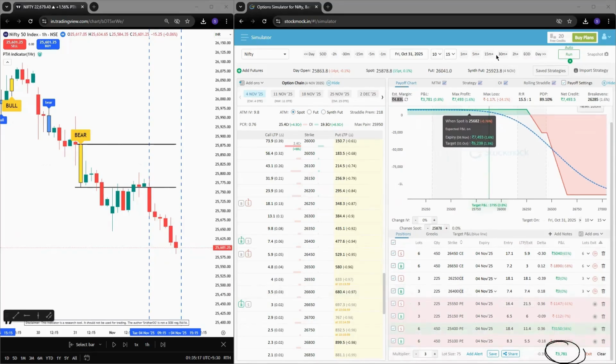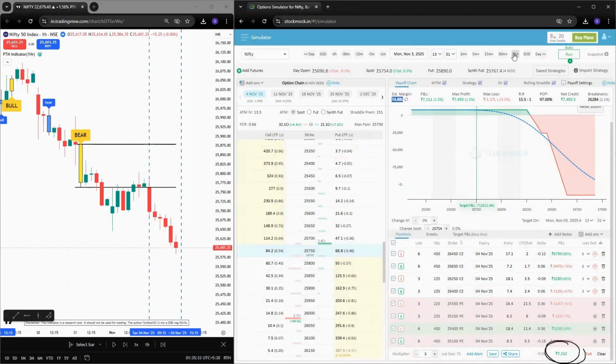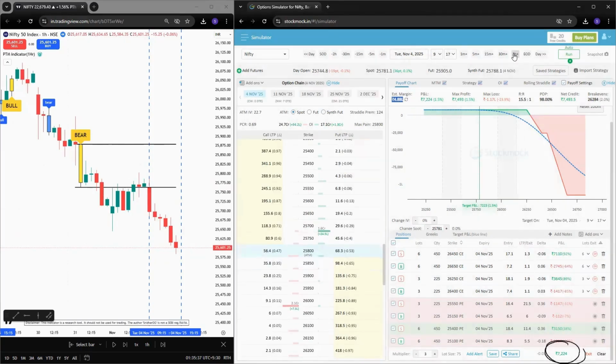I'll just fast forward this 30 minutes, 5,200 nearly, 5,700, 6,700. Monday morning, we have one more day for expiry, 6,800, 7,000. Monday afternoon, and by Tuesday expiry day morning, we have approximately 7,200 profit.